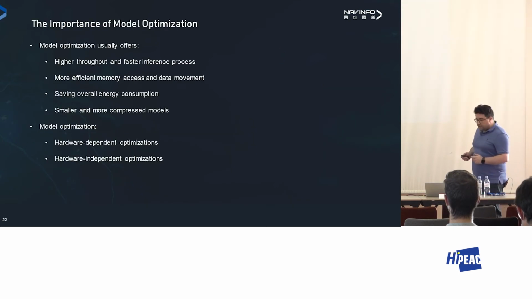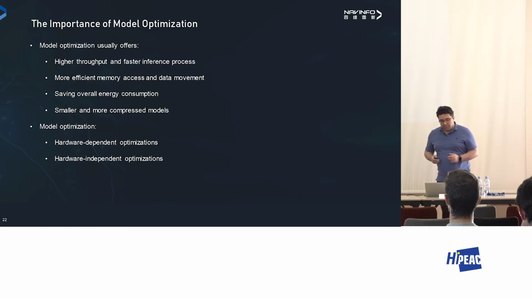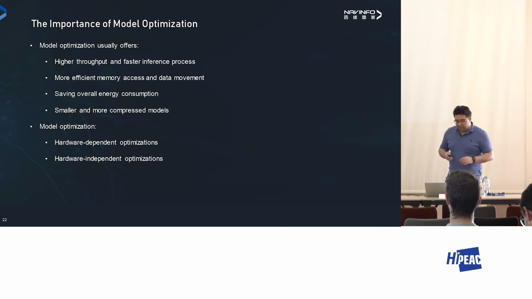So let's see what model optimizations usually offer. By model optimization, we mean to offer higher throughput and a faster inference process. With computer vision, we usually discuss frames per second, so an optimized model can operate at a higher frame rate.